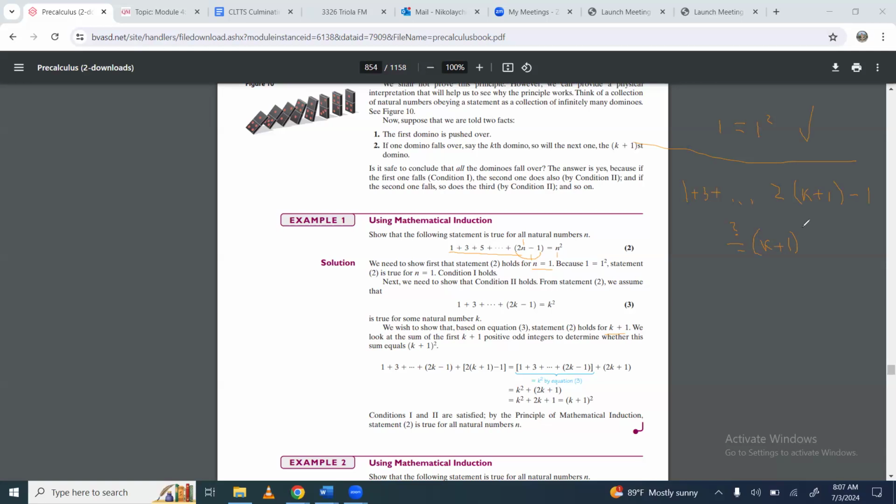Well, I guess I need to simplify my left side and the right side. So the left side is going to have something that goes to 2k plus 2, that with my last term, right? So 1 plus 3 plus dot dot dot.